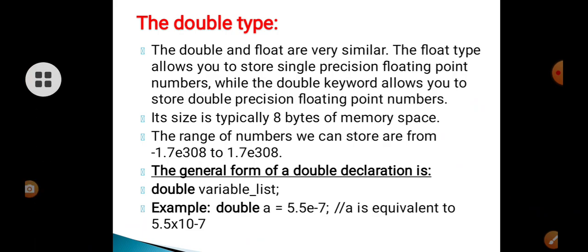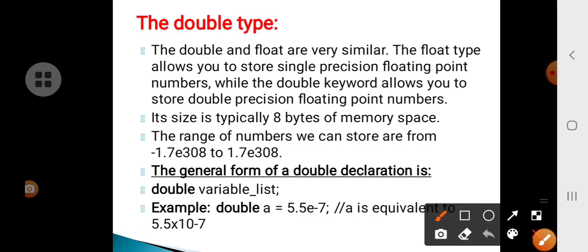Double and float are very similar because both store floating point numbers, with memory allocation and precision after the decimal. A float stores single precision floating point numbers.